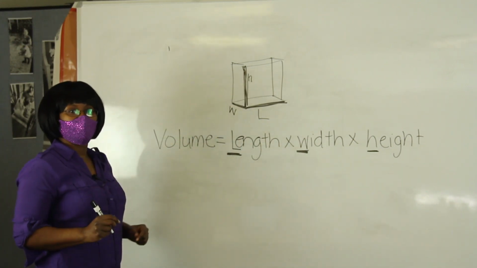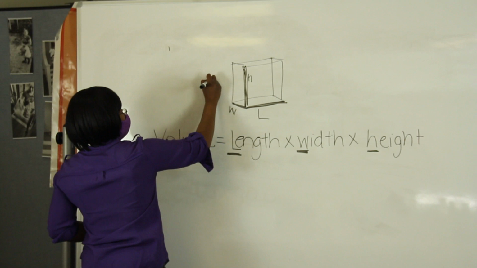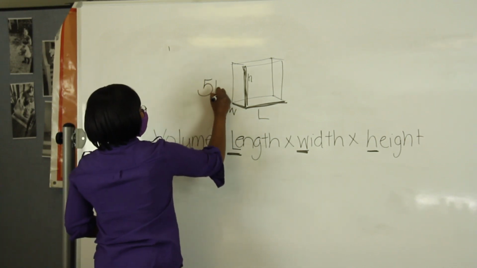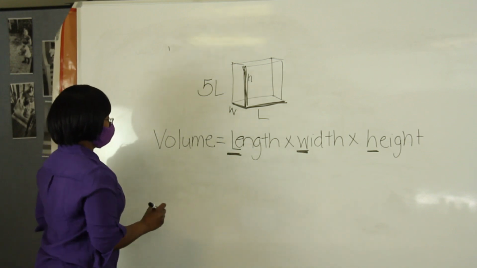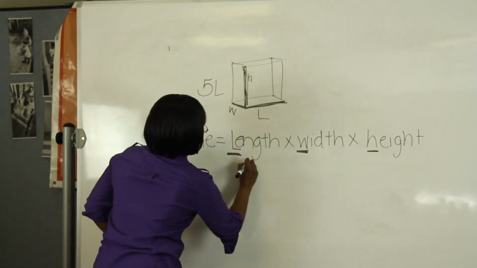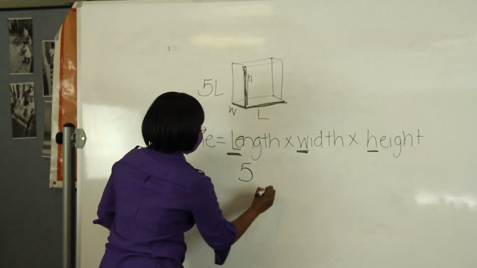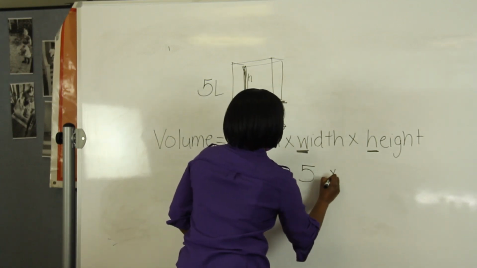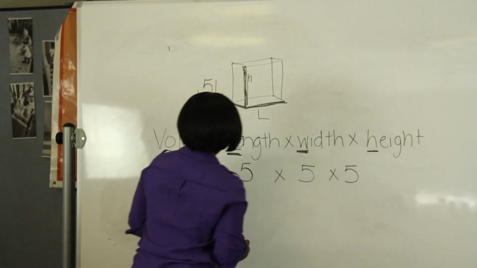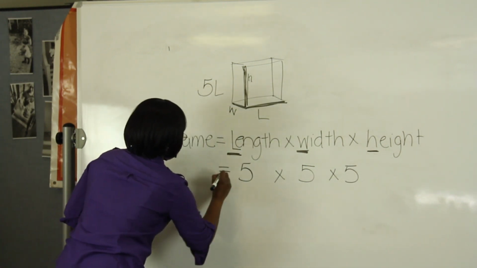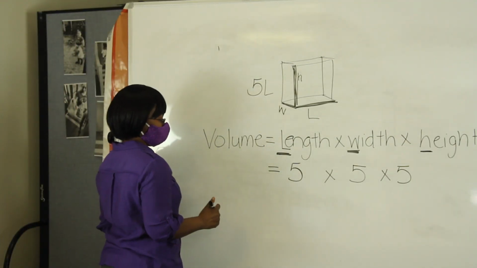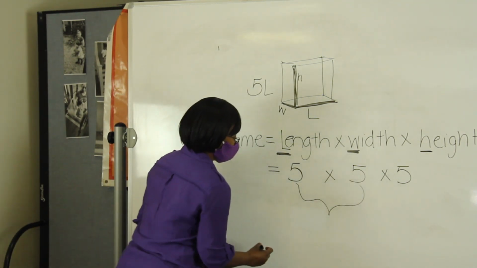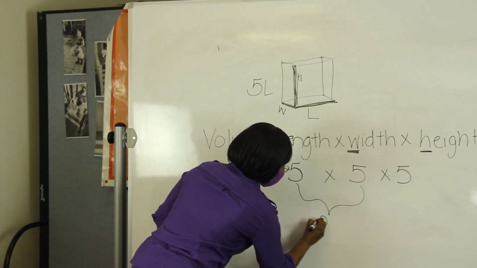So if all the sides are the same, and let's say they're 5, let's go with 5 liters. We could say that the length is 5 liters times the width, that is 5 liters, times the height, that is 5 liters. So we're now going to solve for this. We know that 5 times 5 is 25.